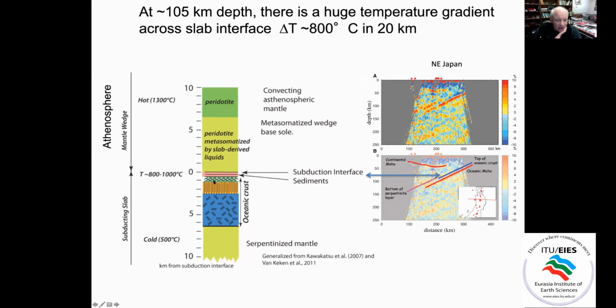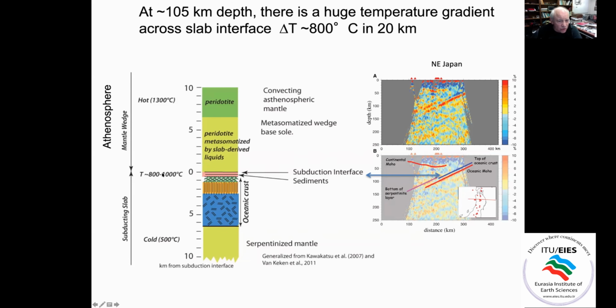It takes a long time to conduct heat from there. And up here, where the circulating asthenosphere is, things are pretty hot. So over 20 kilometers, you have a thermal gradient of 800 degrees centigrade. So that's going to cause some incredible reaction.